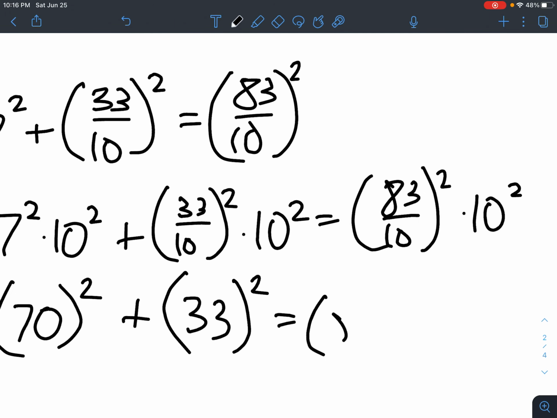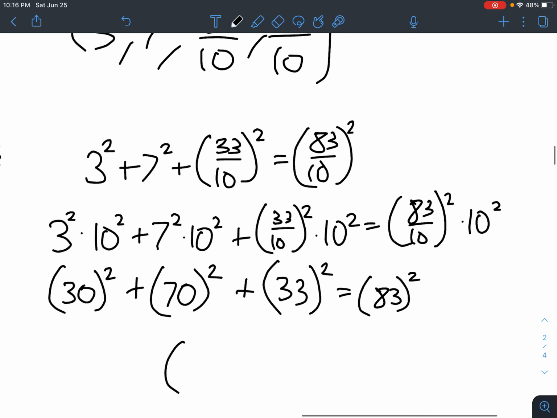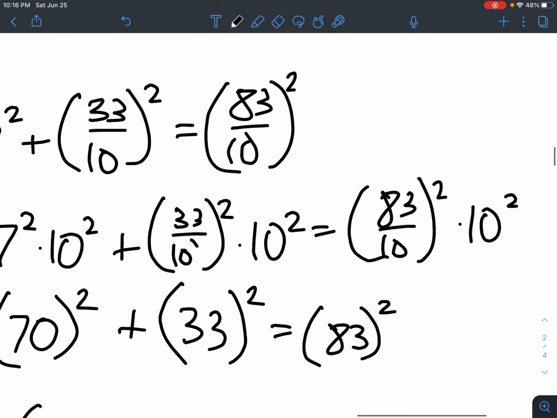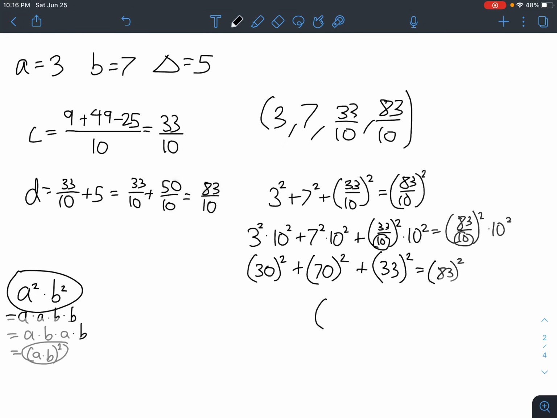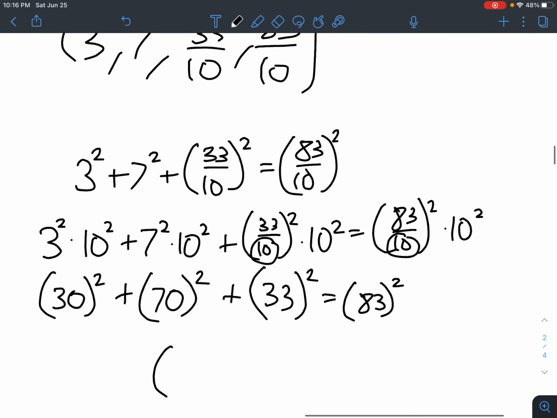And then this will be 83. And that's going to be our quadruple. The reason why I multiplied by 10 squared is because it was the denominator that I wanted to cancel out. And this useful property allows us to cancel out the tens within the parentheses.